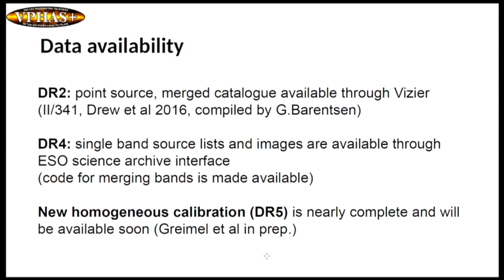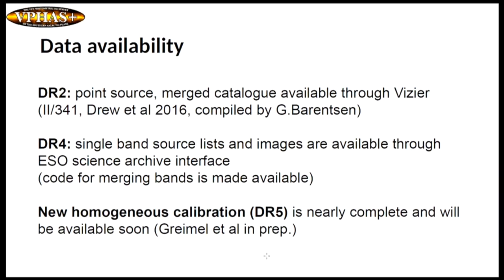The first one is not listed here in this slide. It contained essentially the source catalogs and the photometry for each individual band, and it's available in the ESO archive. The first one having the merged photometry and source list was also available in the DR2 here, and available from the CDS web pages.